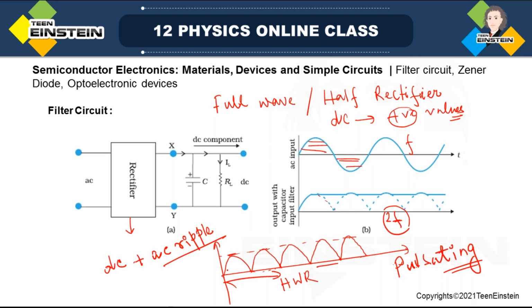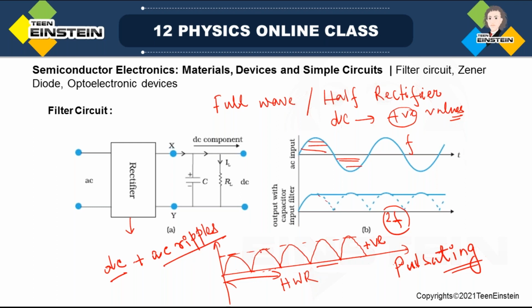So basically the output of a rectifier circuit has a DC part as well as AC ripples. That's why the voltage is pulsating. Even though the voltage is all the way positive, it varies from 0 to the maximum value to 0. So it has AC ripples.